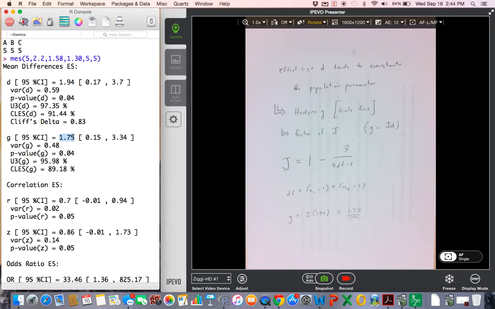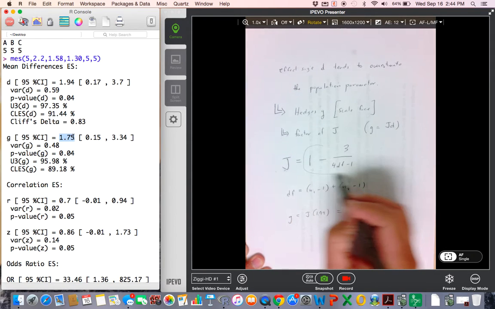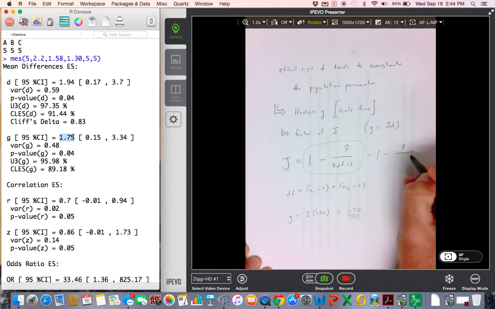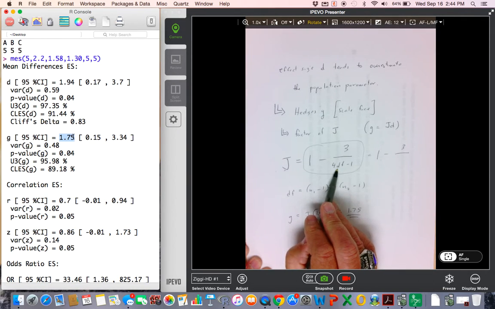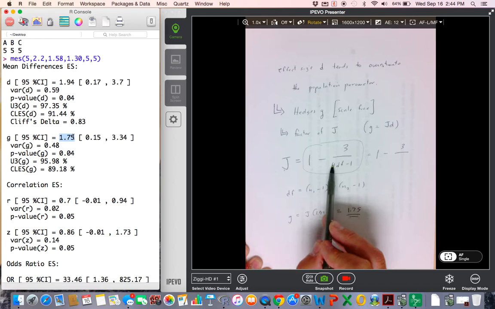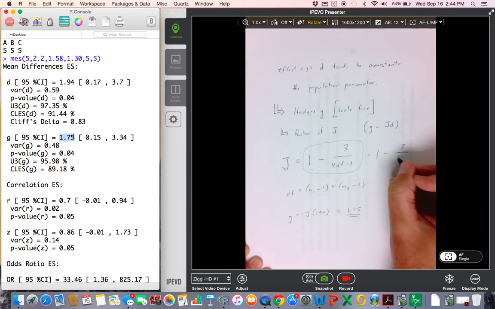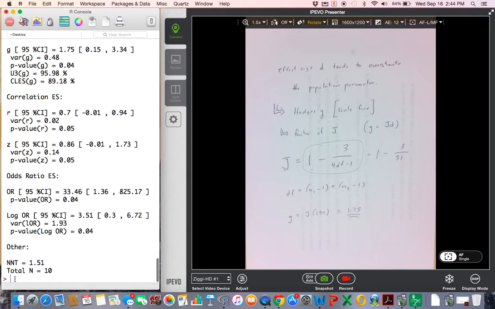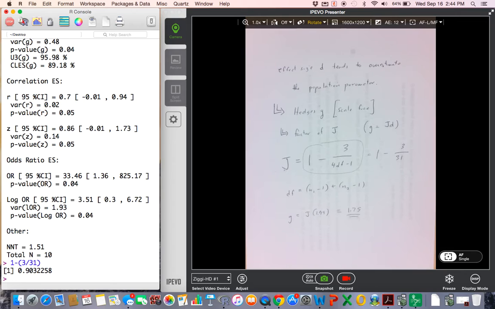Now let's go ahead and make sure that this all works out correctly. Because if we do this, we get 1 minus 3 over... the degrees of freedom would be, what do we get? So 5 minus 1 is 4, plus 4 would be 8. So 4 times 8 minus 1 is 31. So if we go over to R, we're going to get that 1 minus 3 divided by 31 is 0.903.